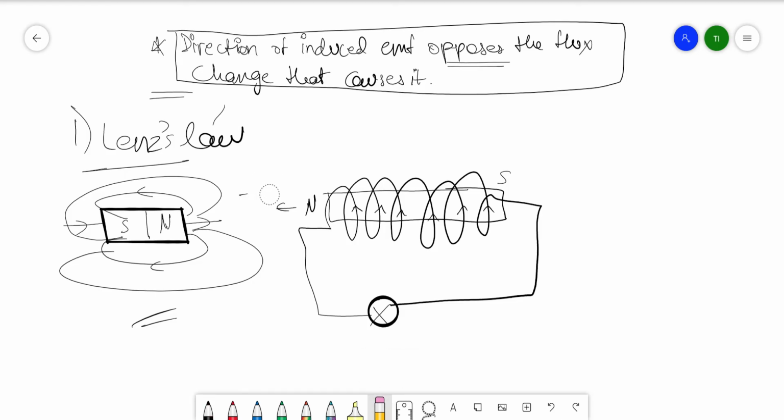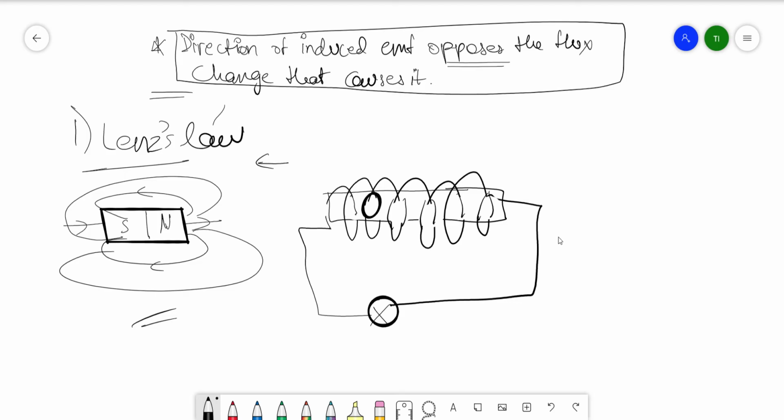Now, fine, that's well and good, but what would happen if, let me just erase this. Now, what would happen if, how did that turn into a circle? Okay, so now what would happen if I were to move this magnet away from this coil?